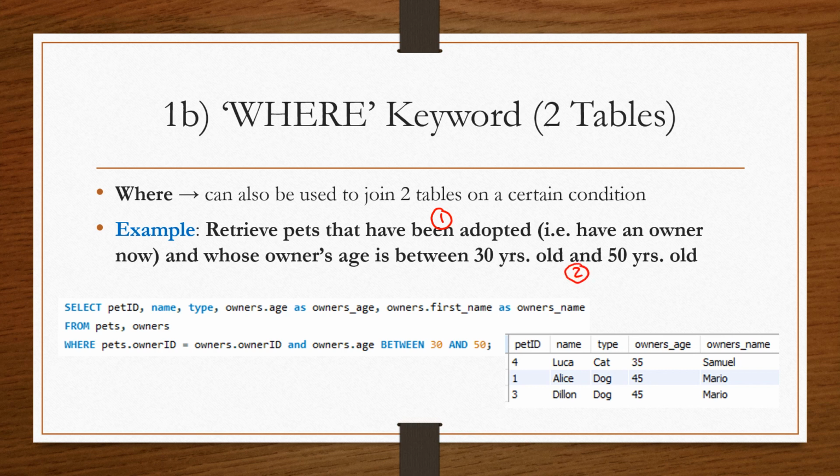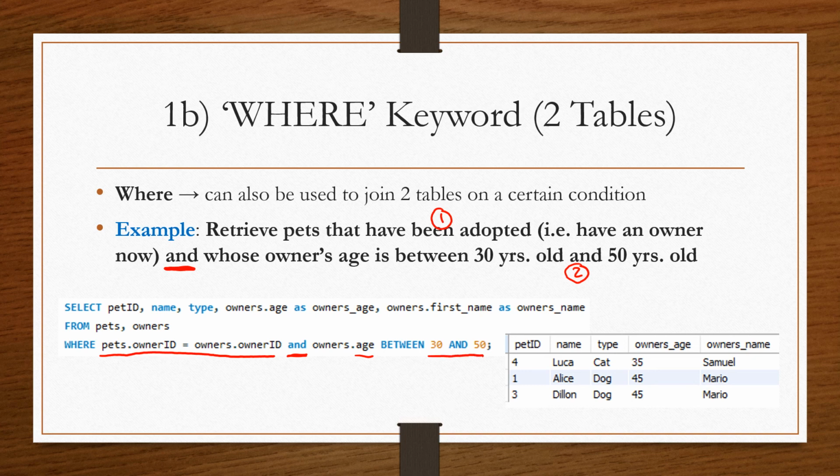In order to get those pets that have been adopted by an owner, we need to do this statement here, where we say pets.ownerID is equal to owners.ownerID, because then only those pets that have owners will be retrieved in our table. Our second condition is an AND condition, so we must have this, and our owner's age is between 30 and 50 years old.